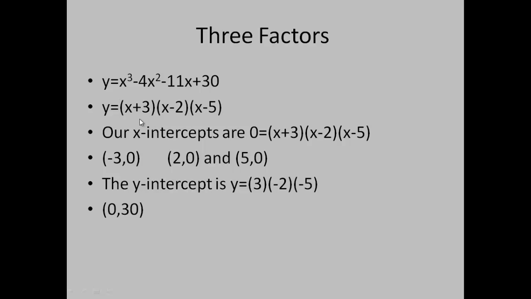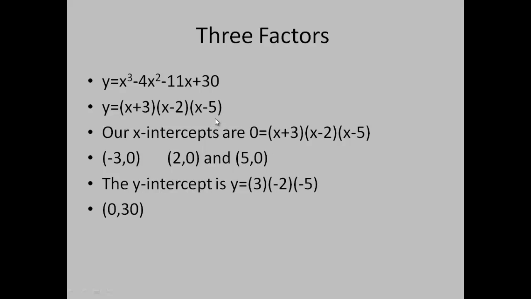If we're multiplying three things together, if one of them's 0, then y will be 0, won't it? So we get x-intercepts at -3, making this bracket 0, or where x is 2, making this bracket 0, or where x is 5, which makes this bracket 0.